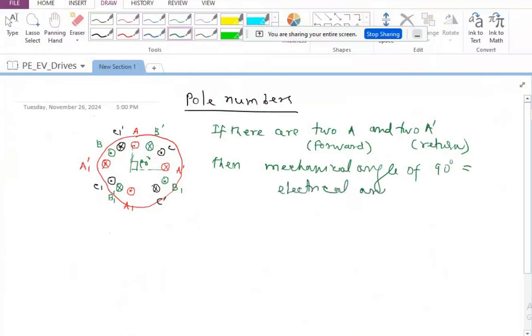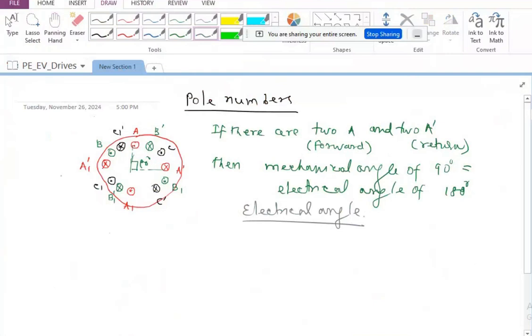So electrical angle of 180 degrees. So I can say mechanical angle is electrical angle divided by 2 in this particular case.